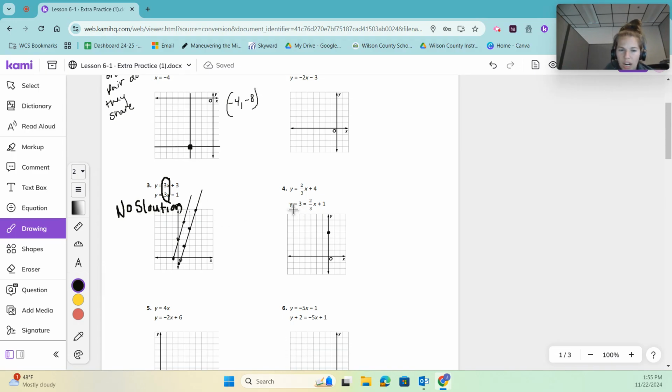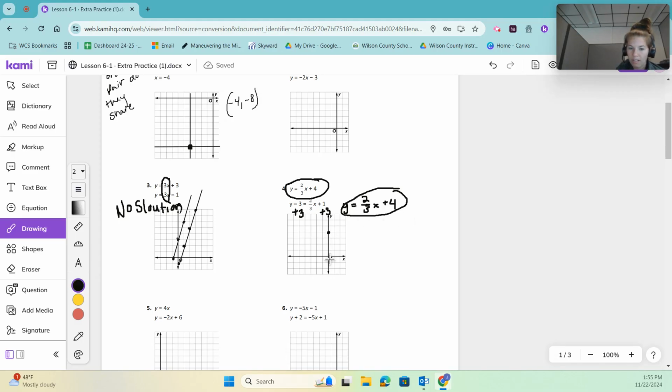Now this one here gives you y minus 3 equals, so we need to get y by itself. I'm going to add 3 to both sides to turn that into slope-intercept form. So plus 3, and I get y equals 2/3 x plus 4. And look, these are the exact same equations now.